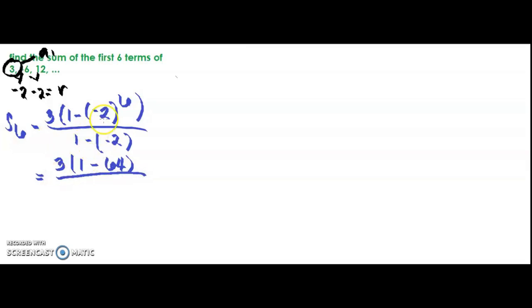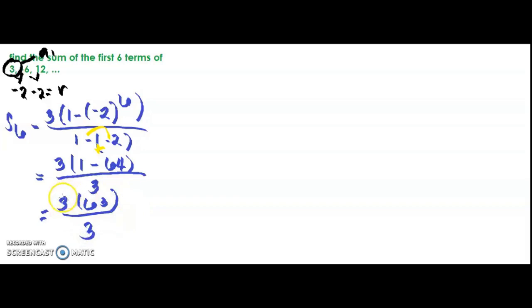Okay? So next, in this part, we are multiplying a negative by a negative sign. And we know that if we are multiplying two negative numbers, it will give us positive. So it becomes plus instead of negative. So, our denominator now is 3. Now, evaluating the number inside the parentheses, we have 63.